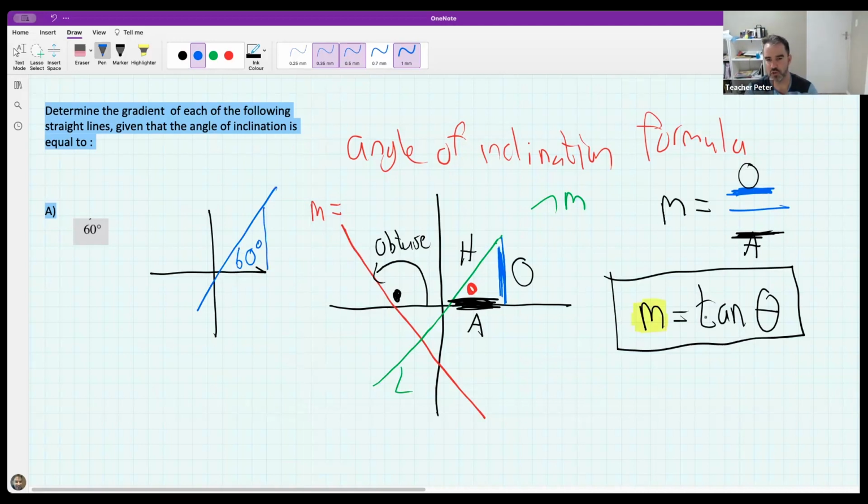I want you to use the formula m equals tan theta to tell me what is the gradient of the blue line. So take out your calculators. I'm going to tell you that the angle of inclination is 60 degrees. So that's the angle between here and here. I want to know what is the gradient, and I want you to use this formula here. What am I going to need to do?